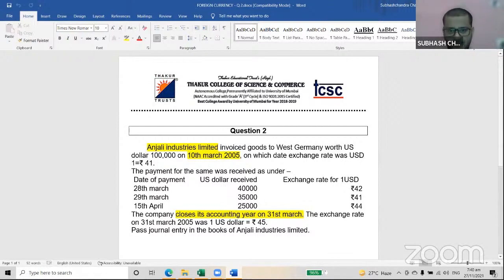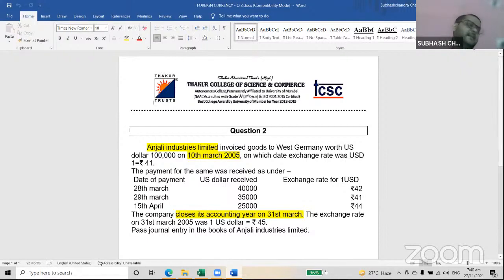Okay, so first we will analyze the question. First we will understand the question, and then we will start with the journal entry. As you can see in the last line, pass journal entry in the books of Anjali Industries Limited. That means we need to journalize it.